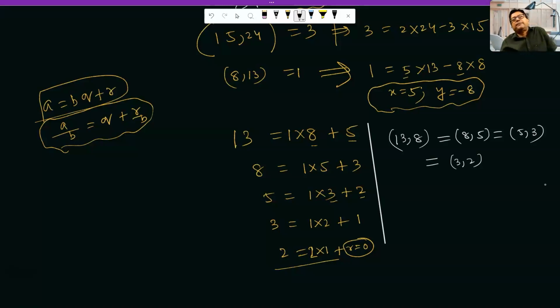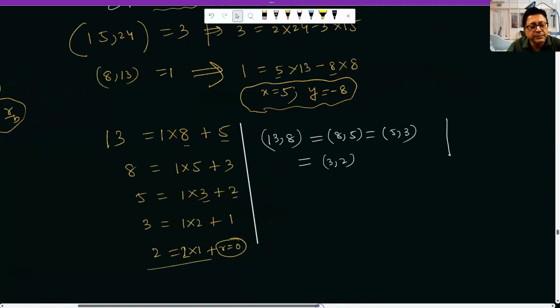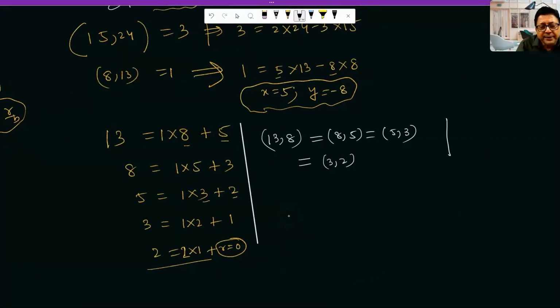Now the problem is to express this GCD as a linear combination of 13 and 8. How to do it? That I am going to do. See, this class is on the extended Euclid's algorithm, lemma, whatever you say, or the reverse Euclid lemma.